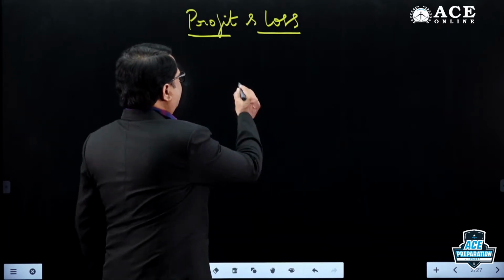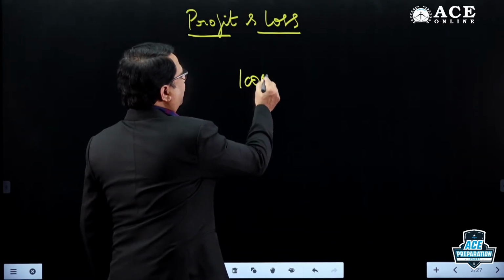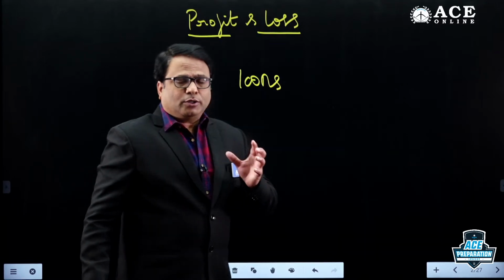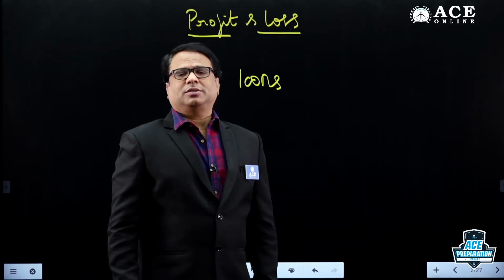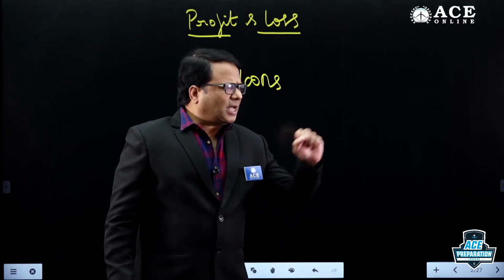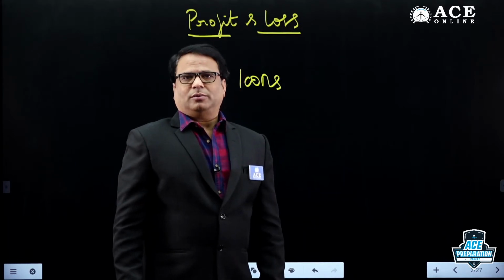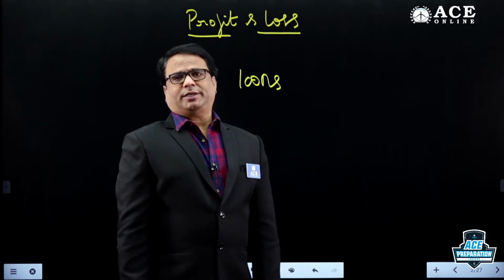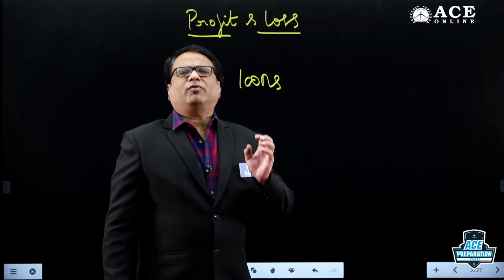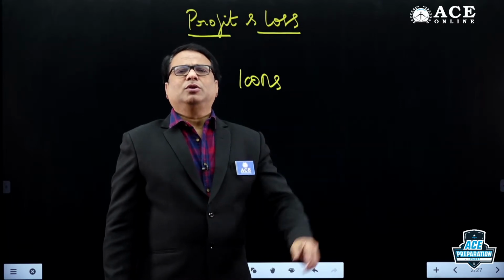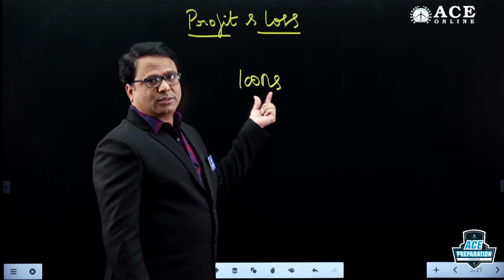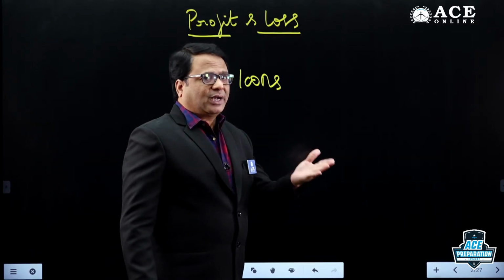Now it is also important to know how we arrive at market price. How do we mark up the price? Now suppose you buy an article for 100 rupees, as a trader. Then will you write the price as 100 rupees on the article? No. Definitely you want to make some profit on it. Let us say you want to make a profit of 30 rupees on the article. So you bought it for 100 rupees and you want to make a profit of 30 rupees.